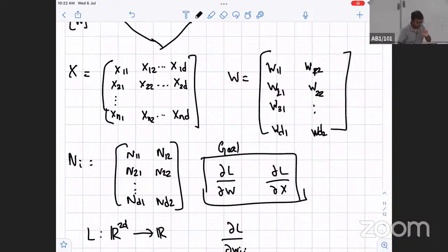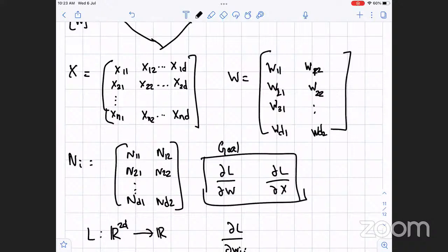So if I change W11, which of the parameters will it change? You tell me in terms of N11, N12, which of it will it change? I'm changing only W11. N11.